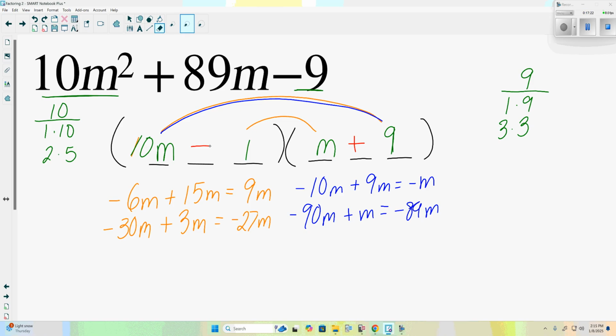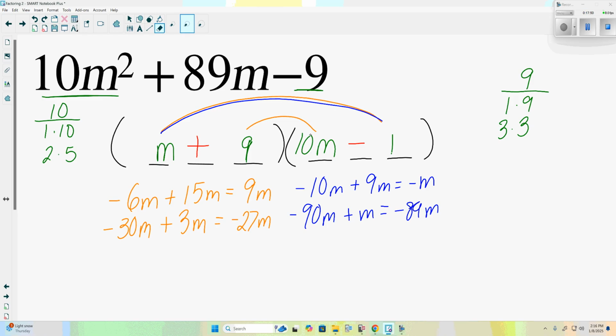Questions on this here? So this is one of the cases where I think it's easier to switch the signs. We didn't necessarily have to switch the signs. We could have left it as this here. But to get the correct numbers, I would now have to switch the 1 and 9, and then switch the 10, m and m.